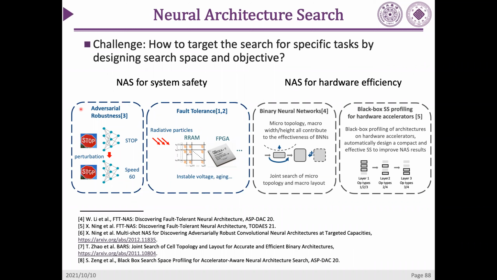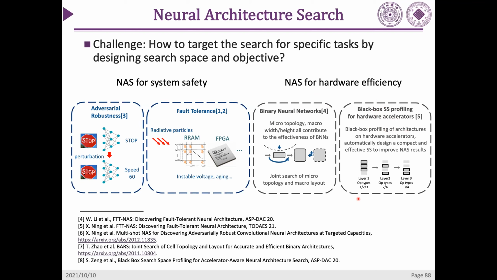So we also try NAS for system safety, such as adversarial robustness and fault tolerance. And we also look at how to design NAS for binary neural networks and also black box profiling methods for hardware accelerators.